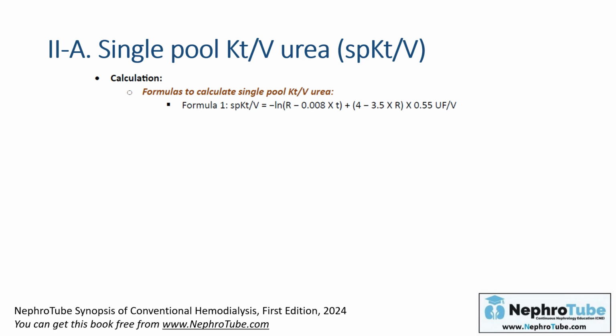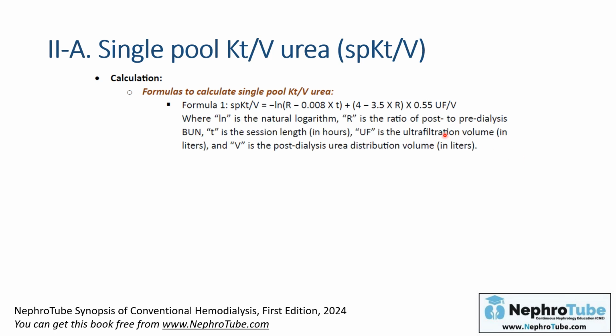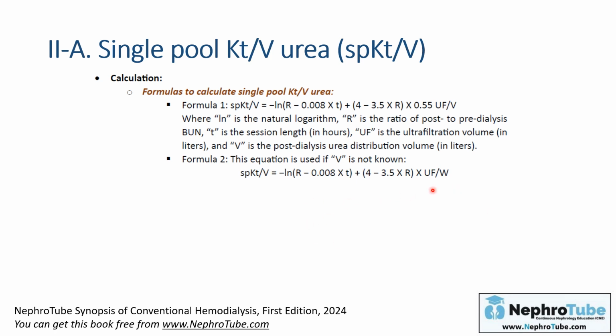This is the first formula, and these are the abbreviations from the data we collected from the patient and the hemodialysis session. And this is the second formula. The second formula is the same as the first, but here we use V, which is the volume of distribution of urea, and here we use W, which is the post-dialysis weight.